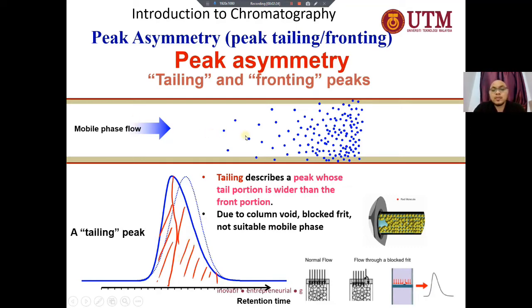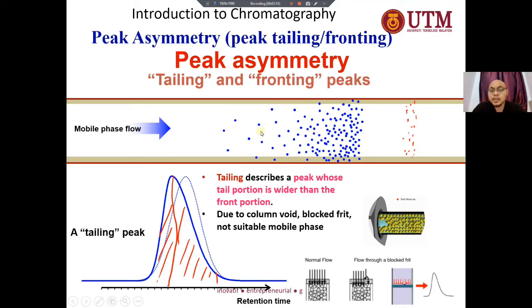If you can see over here, our analytes or solutes are not running at the optimum condition. The optimum condition means that they all run at the same pace. But in this situation, some of the particles of the analyte, or some of the molecules of the analyte, are left behind.